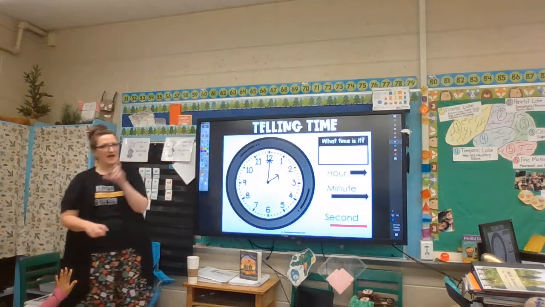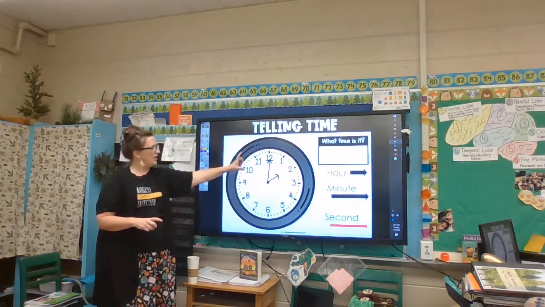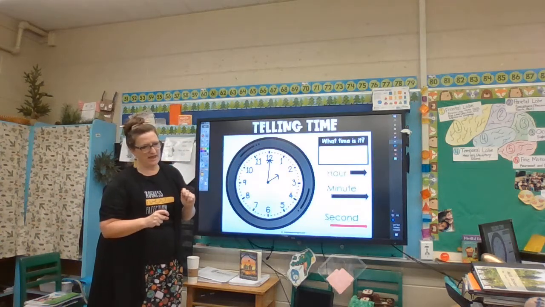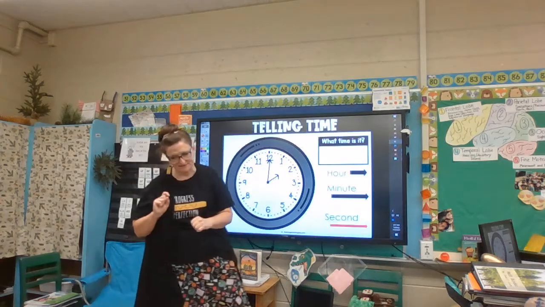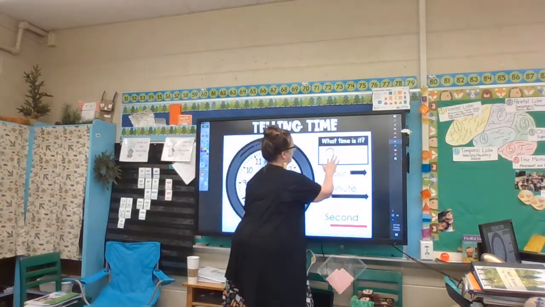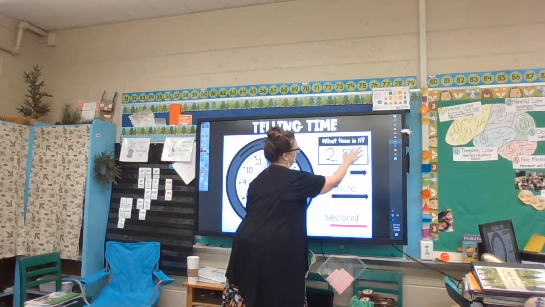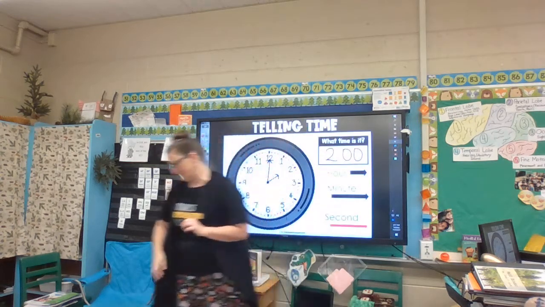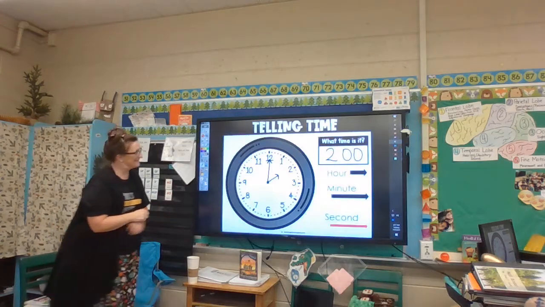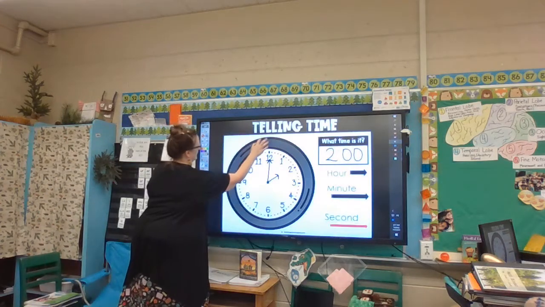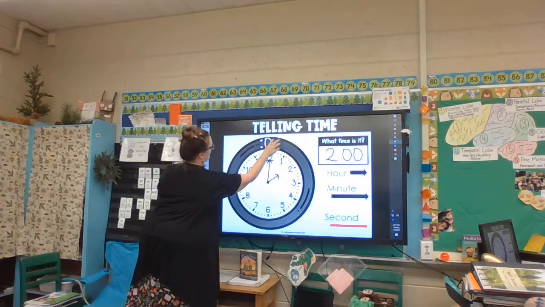If the short hand, the hour hand, is pointing towards the 2, what time is it? Aiden? 2 o'clock. And it looks like this on a digital clock. It would be 2:00. 2 o'clock. Because the 12 makes it easier. Exactly. The 12 is 00.